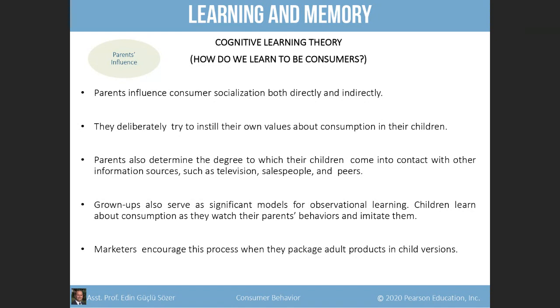The second way that parents influence us is generally through the media, right? Generally, parents try to control and manage our interaction with the outside world. In this way, they try to limit what we are watching as children, what we are seeing, and what we are exposed to.